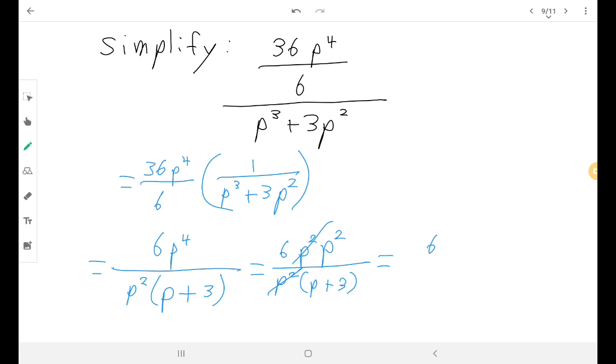And you get 6p squared over p plus 3. And that is as far as I can take that. Because remember, the plus down here is keeping all that together. I'd have to cancel it all together. And since I can't do that, I can't cancel any parts of it.